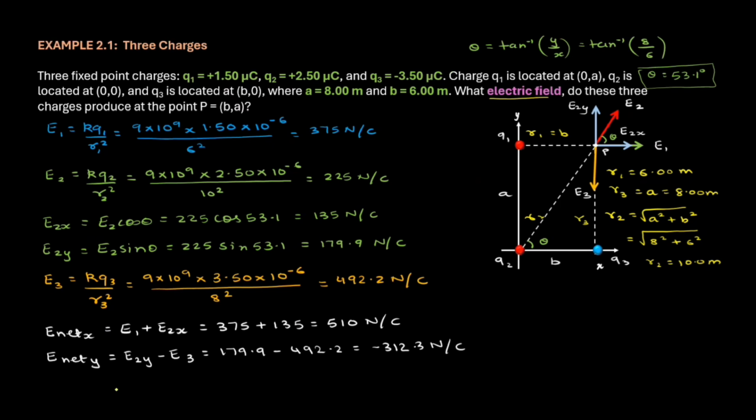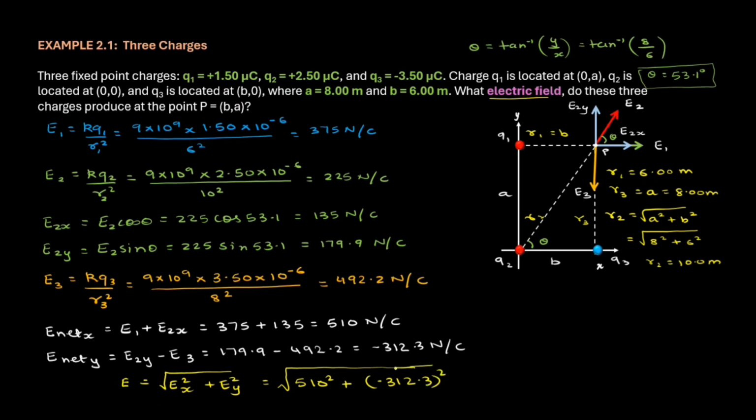After we find the x and y components of electric field, now I will find the resultant magnitude. The resultant electric field can be found by using the Pythagorean theorem. I get E equals square root of Ex squared plus Ey squared. And these x and y components are the components of the net electric field here. So let's substitute square root of 510 squared plus negative 312.3 squared.